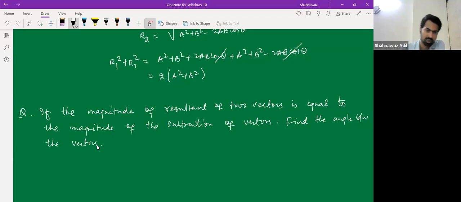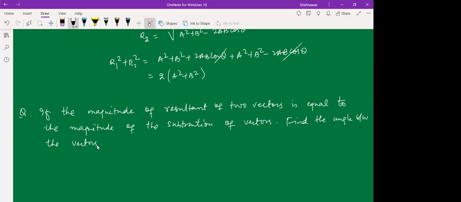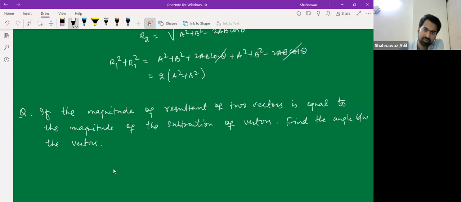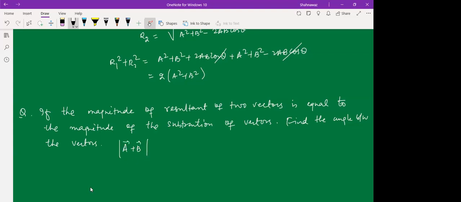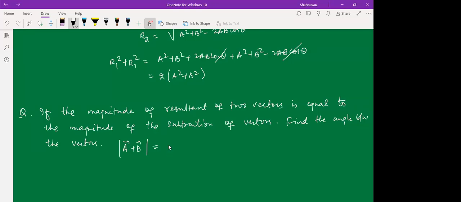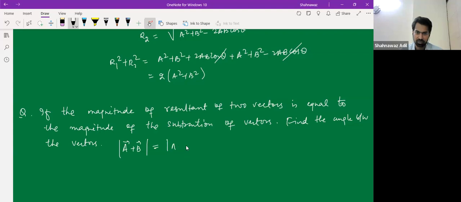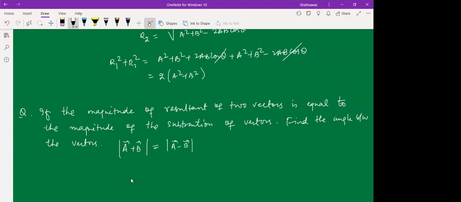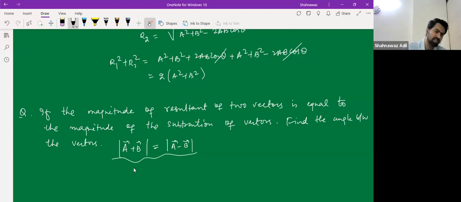Try this question. What is given? The magnitude of the resultant of the two vectors, that is the magnitude of A plus B, is equal to the magnitude of the subtraction of the vectors, which is A minus B. So now you find the angle between the two vectors.